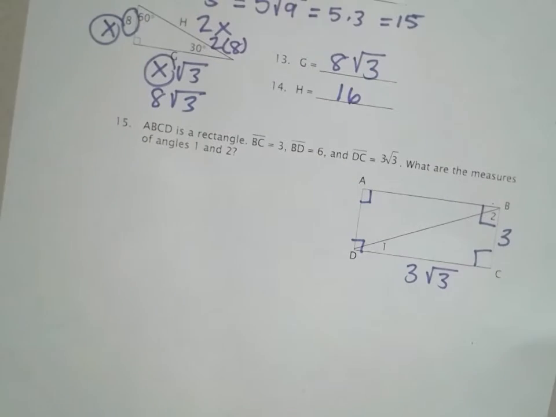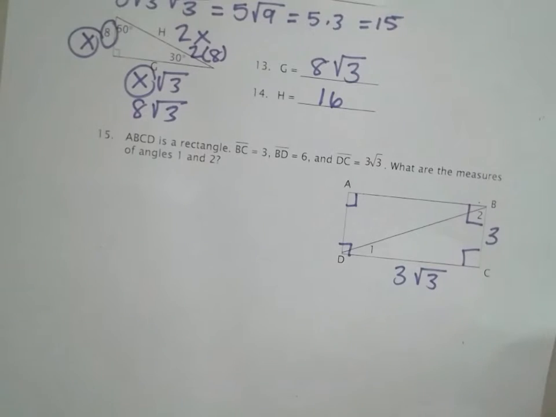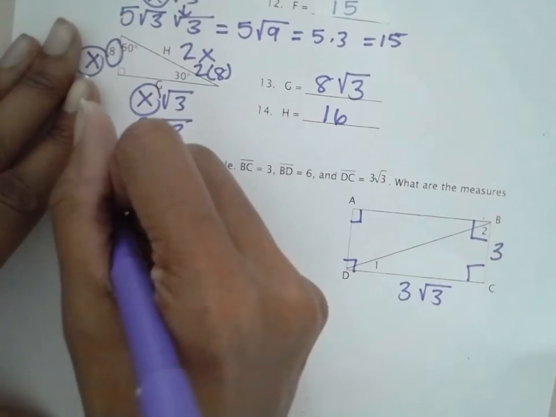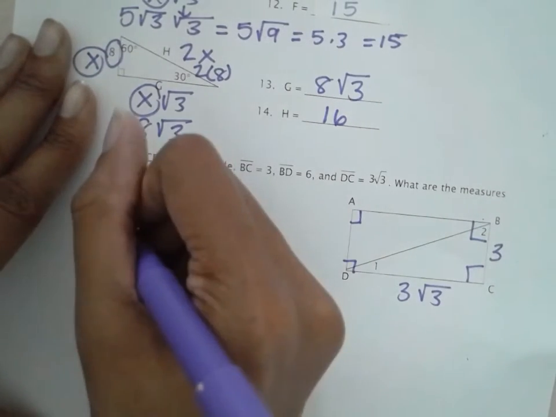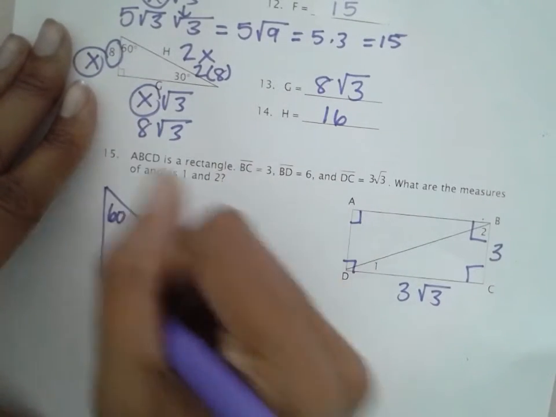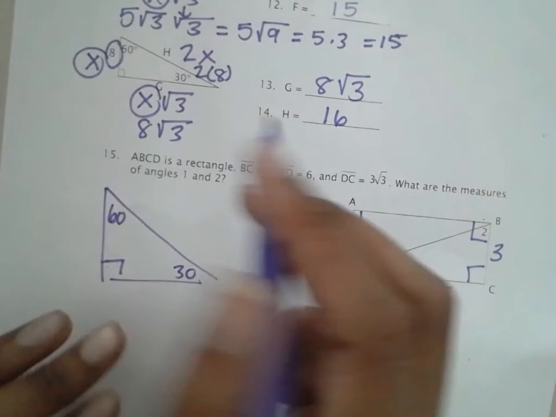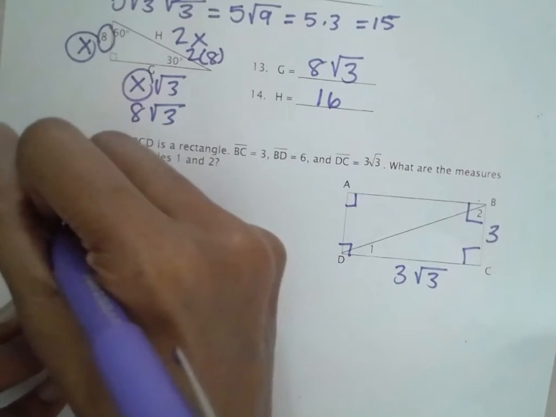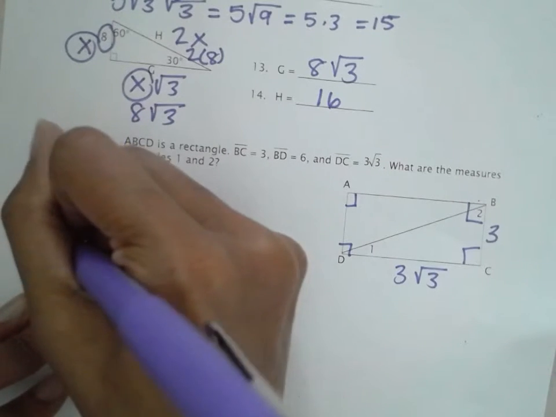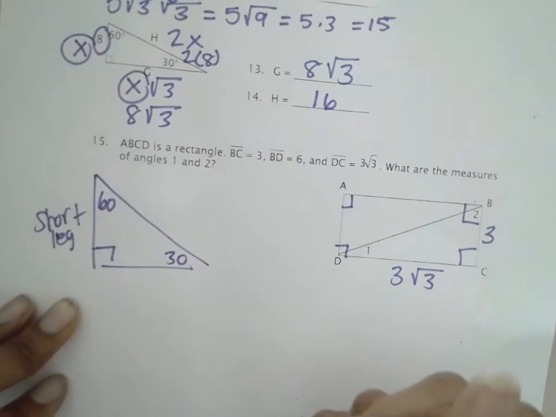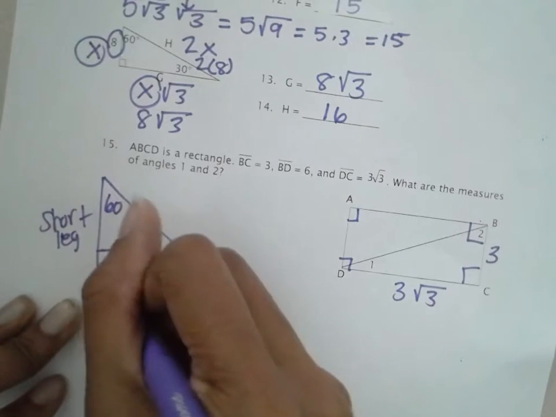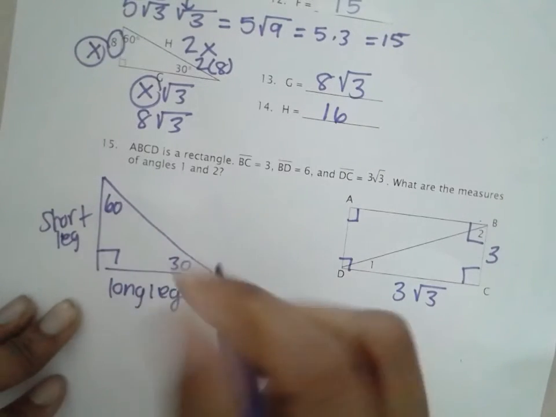Okay, so going back to 30, 60, 90. If we look carefully at this, the short leg is always across the 30 degrees. The long leg is always across the 60 degrees.